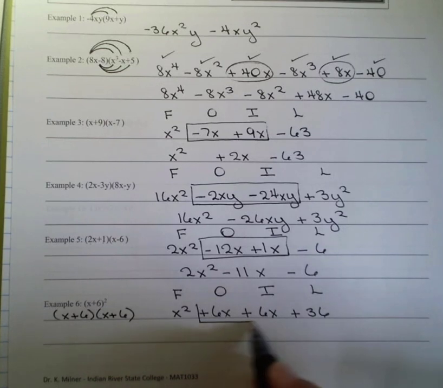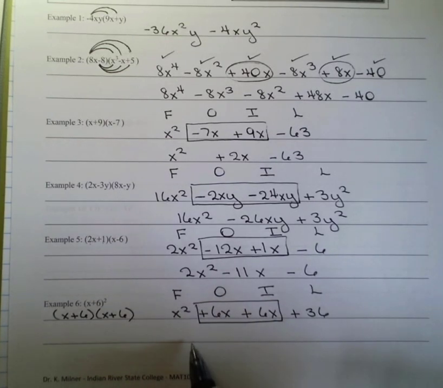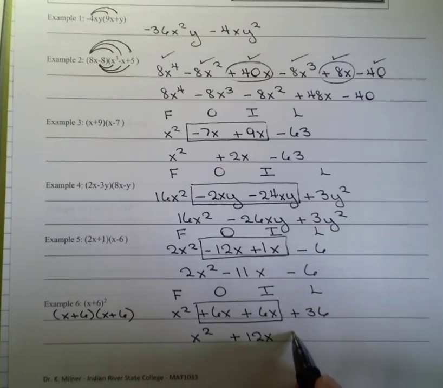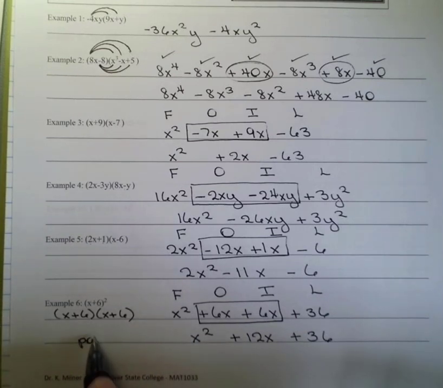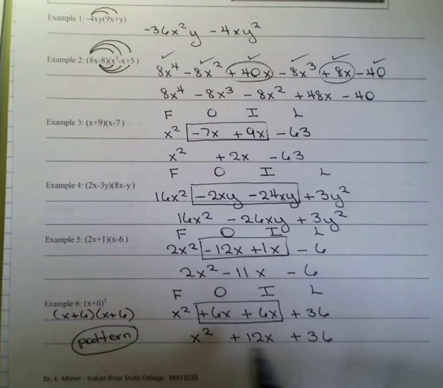We're going to combine these two inside terms that match, and we'll say 6x plus 6x is 12x, and we'll add 36. There's a pattern to this one that you should notice. I want you to just jot a note here that this one has a pattern. The pattern is, if I have a binomial and it's squared, I can square the first term.